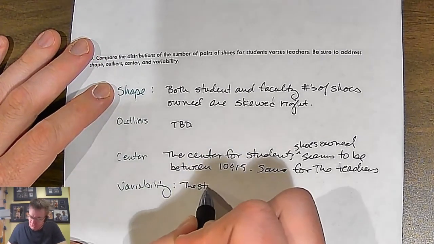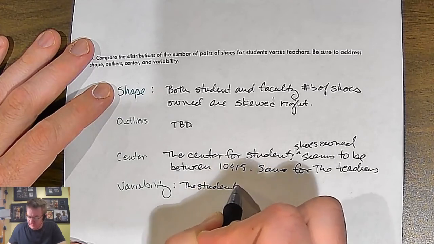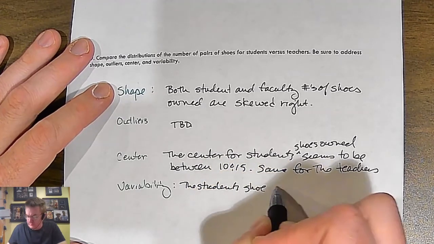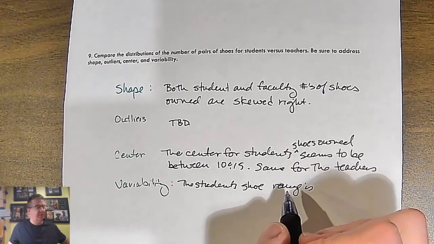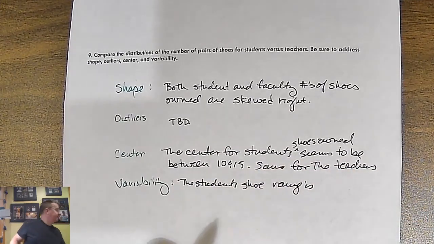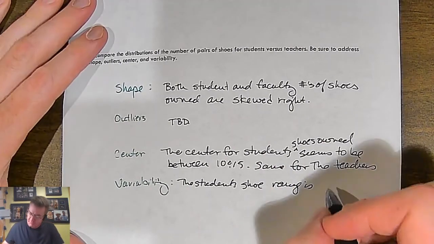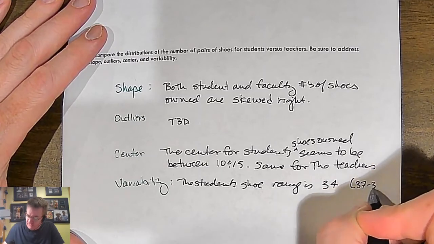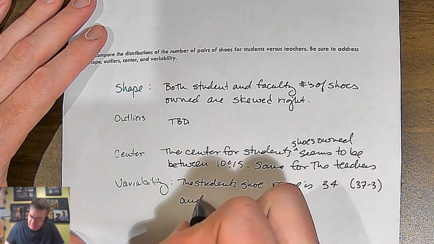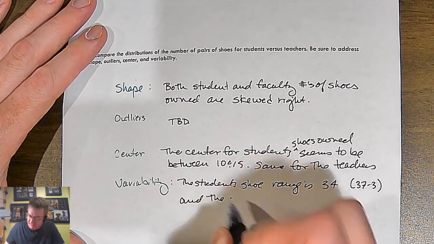The student shoe range is, go back to my data. So what we had a maximum of 37, minimum 3, is 34. That's 37 minus 3. And the teachers is less variable.